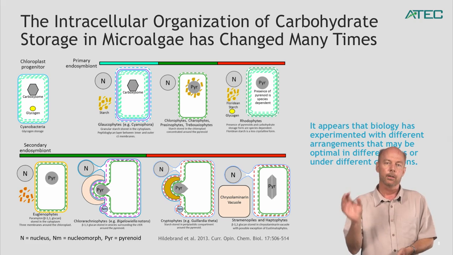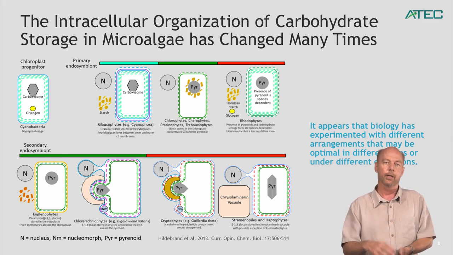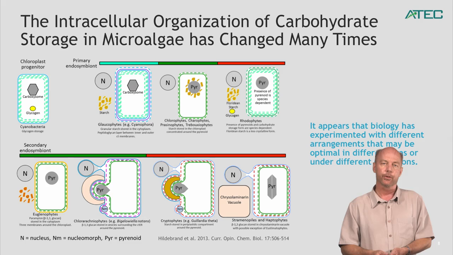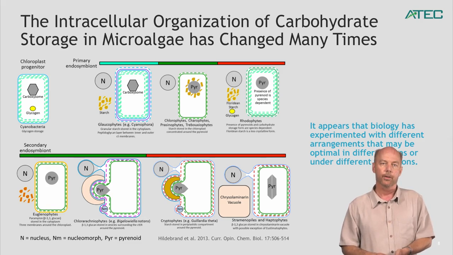This idea of storing carbon in different places and it's somehow affecting the productivity of algae seems to be established in an evolutionary sense. So this is a diagram of different classes of algae over evolutionary history, and we'll start with the cyanobacteria on the upper left. You have the progenitor chloroplast, the initial primary endosymbiotic event forming the glaucophytes.